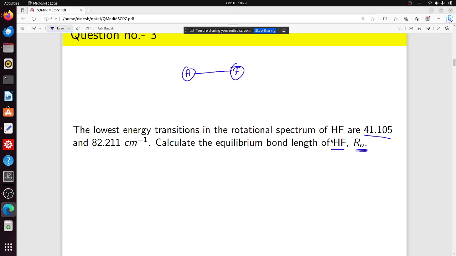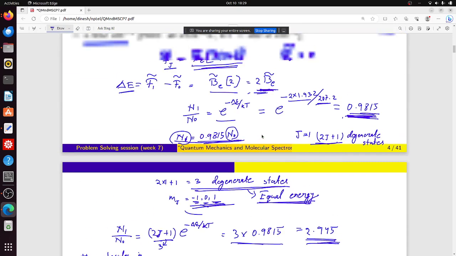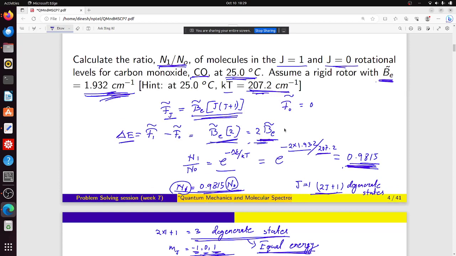So from the previous question, what we found, the energy difference will be 2B tilde. We calculated here, if we consider the ground state to be J equal to 0 and the excited state to be J equal to 1, then the energy difference will be 2B.